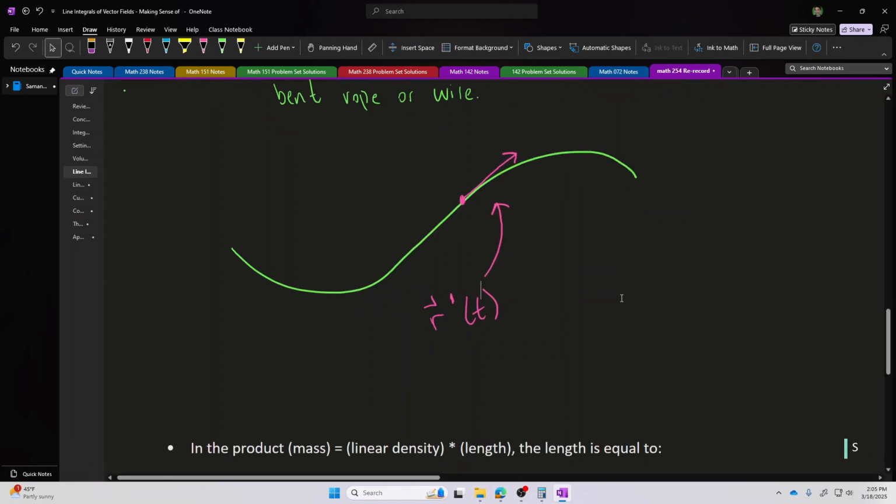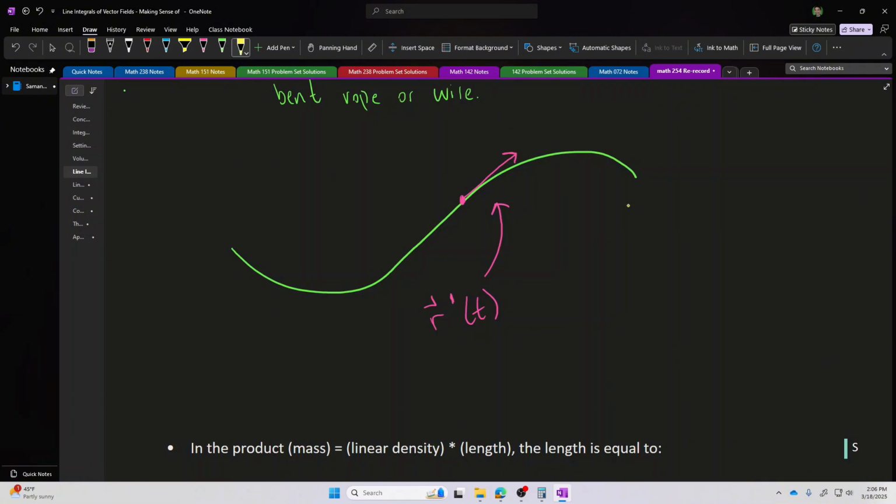Now, depending on your parameterization, this tangent vector can end up being quite long, and the longer the tangent vector is, the more it tends to deviate from the trajectory of the curve itself. If you have a very, very small tangent vector, however, a very short tangent vector, it tends to hug very, very closely to the arc of the curve.